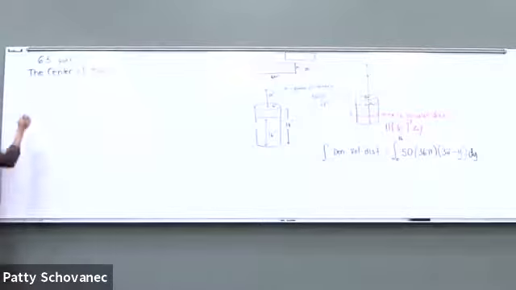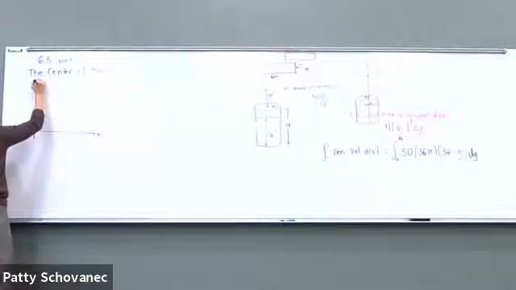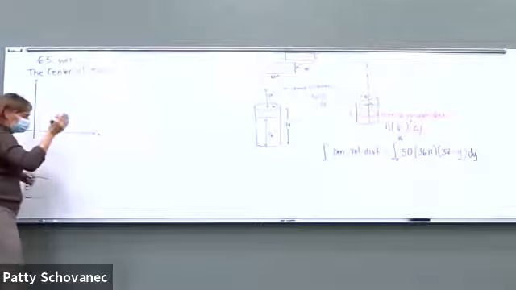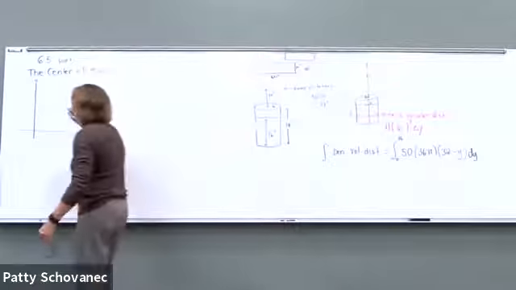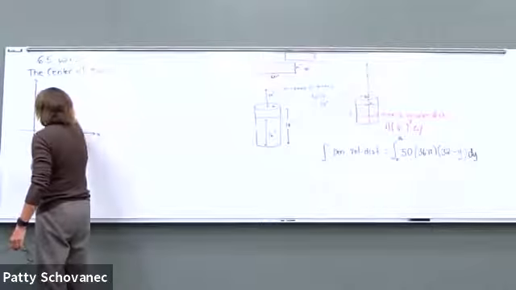So I'm going to draw this on the xy plane. Maybe we've got some sort of irregular shaped region in here bounded by some curves.